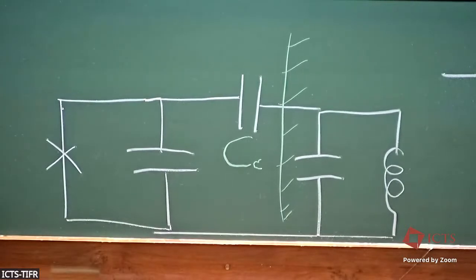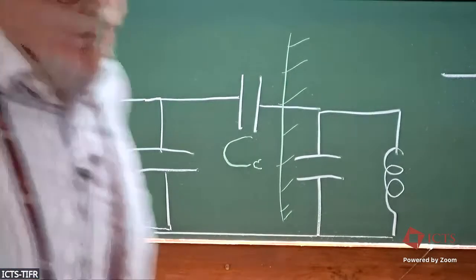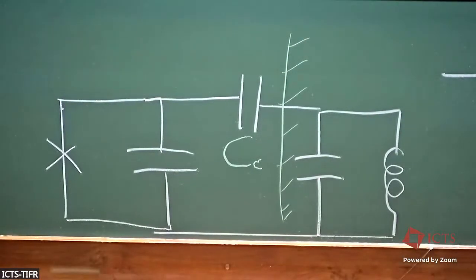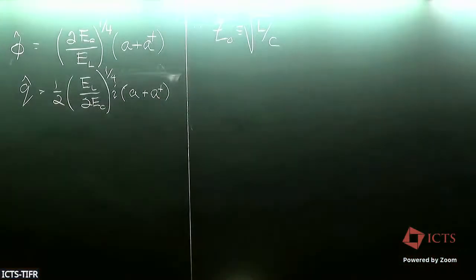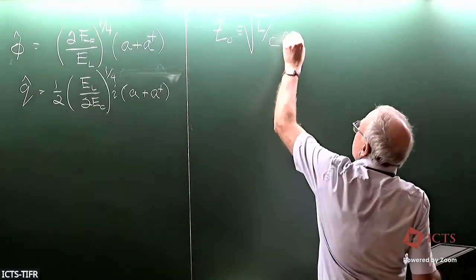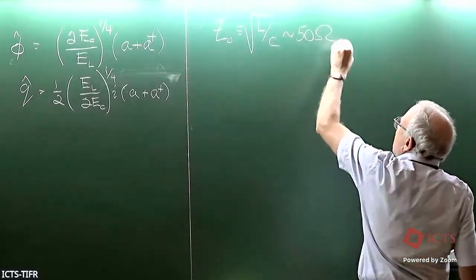And in cases where this inductor and capacitor are not literally a coil and a couple of plates, but are actually the response of a transmission line resonator, as in many cases in this circuit, then this quantity tends to be near the magic number that I mentioned last time, something like 50 ohms. But I won't develop that so much here.